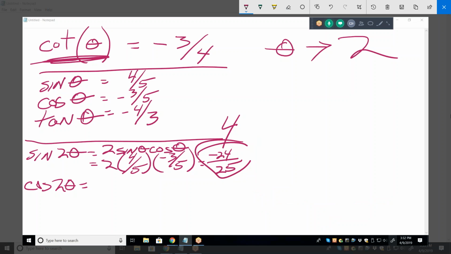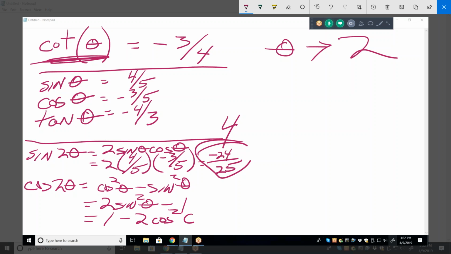In other words, it's cosine squared of theta minus the sine squared of theta. It's also equal to 2 sine squared of theta minus 1, and it's also equal to 1 minus 2 cosine squared of theta.